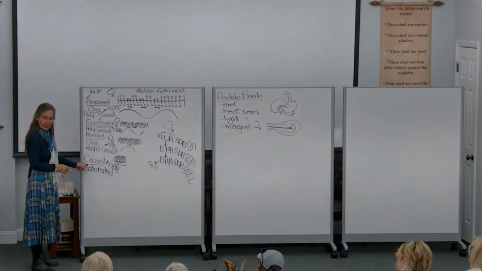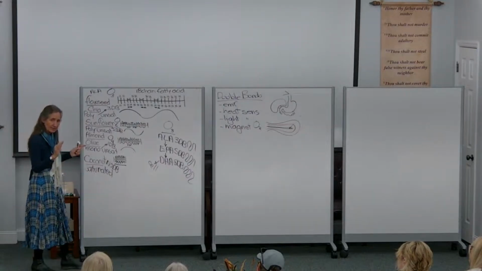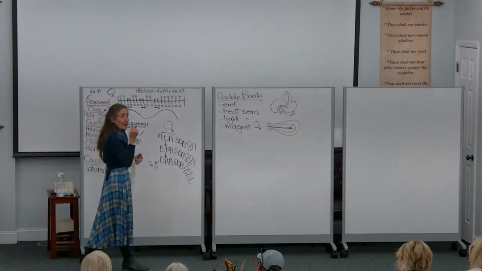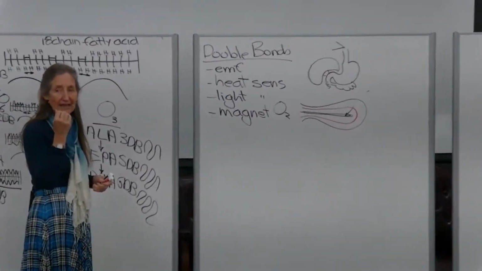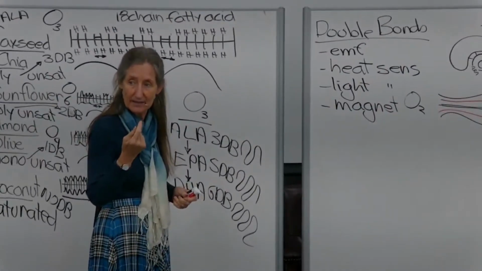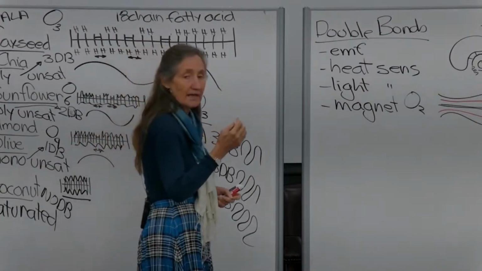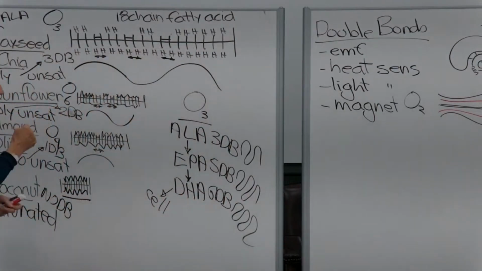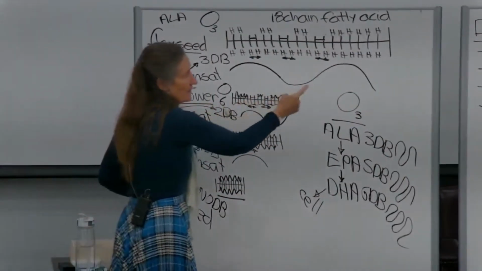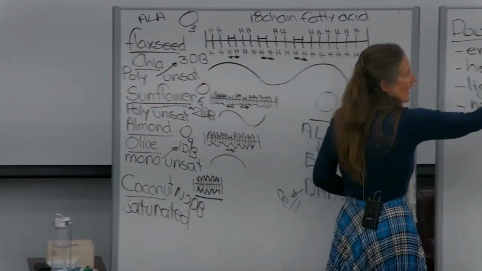But not the coconut. The coconut is totally unique. Underneath the tongue, there are sublingual glands, and those sublingual glands release lingual lipase, and lingual lipase breaks down saturated fat. So when the saturated fat gets into the stomach, the breakdown's already happening.